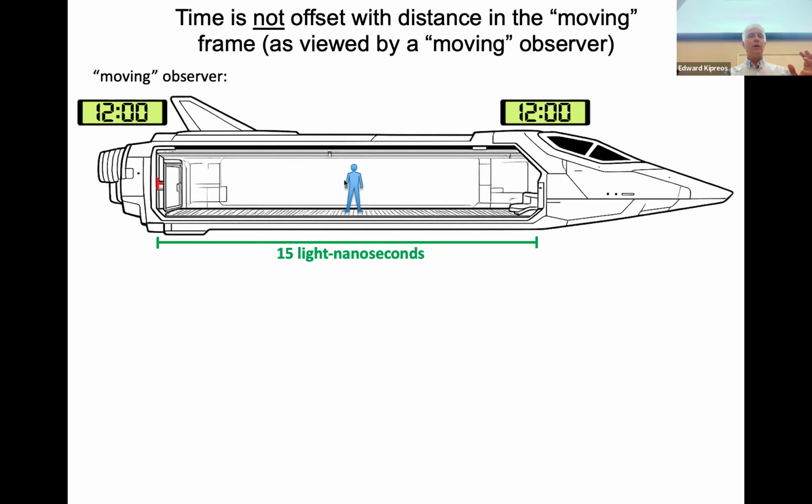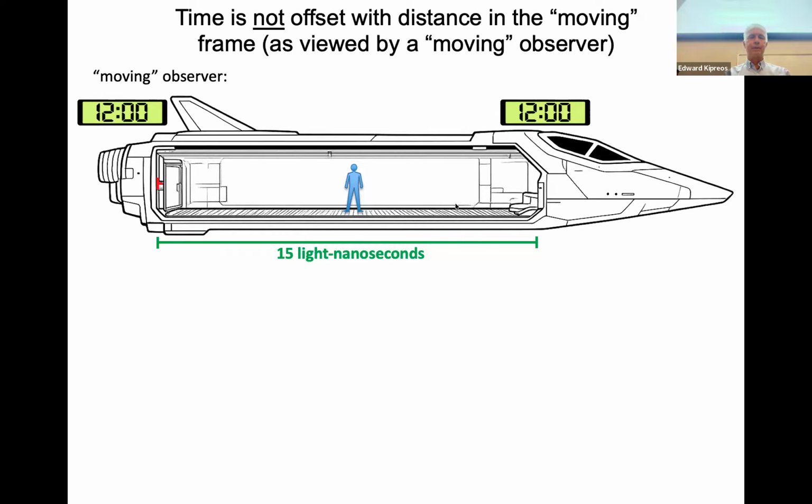So for a moving observer, they have clocks going along this cabin, they're synchronized with each other, and so all the clocks are at 12 o'clock. But these are actually special clocks. These are nanoseconds, and these are nanominutes. And the whole cabin is 15 light nanoseconds, which is how much distance light goes in 1 nanosecond.